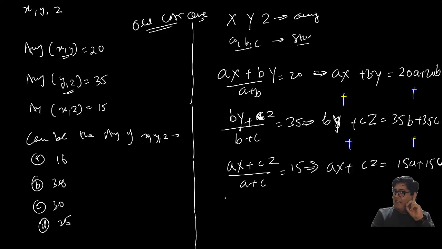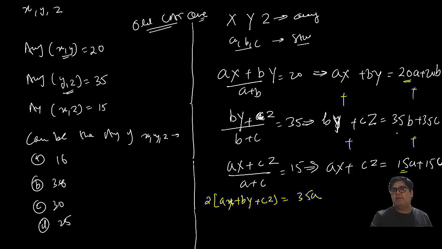So the left-hand side becomes twice of aX plus bY plus cZ, and the right side becomes, see, 20a plus 15a, 35a, 20b plus 35b, 55b, 35c plus 15c, 50c.